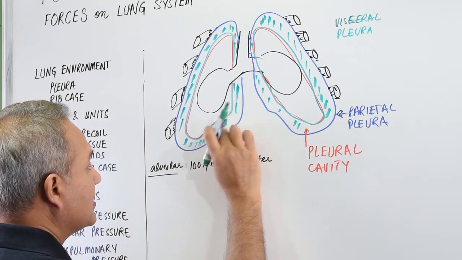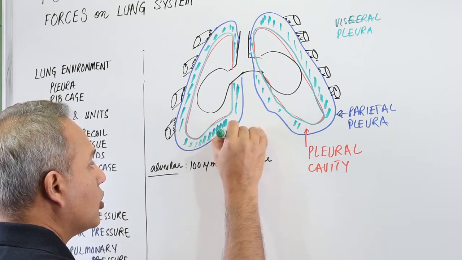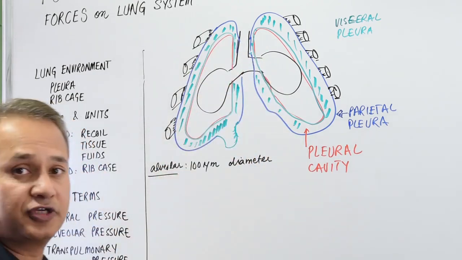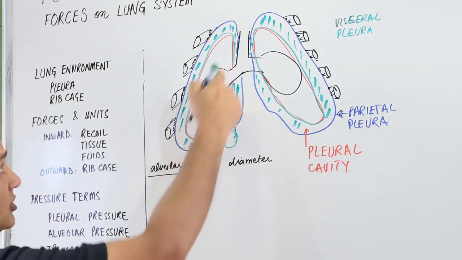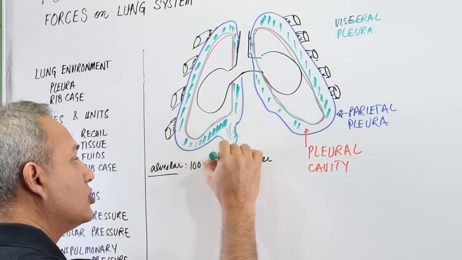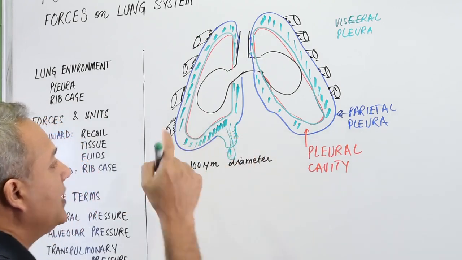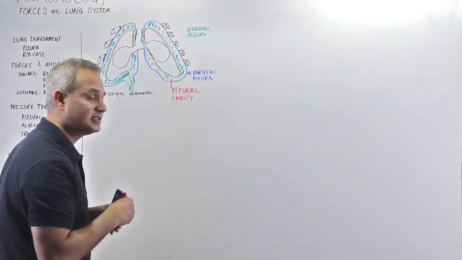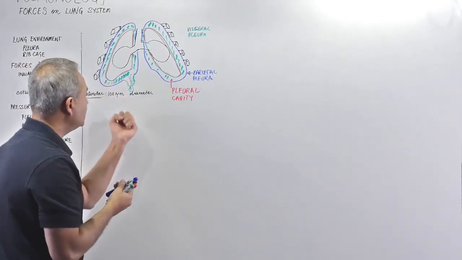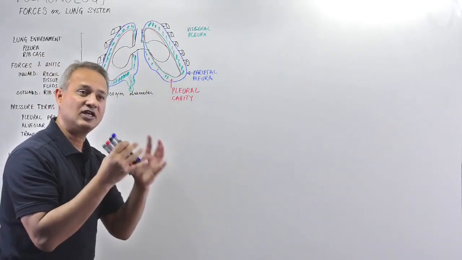Let me make a lymphatic channel here, which represents all of the lymphatic drainage of the pleural cavity. So the fluid that is produced here is drained through lymphatics. Now, why is this important? Physiologically, the drainage of the fluid from this pleural cavity will create a suction effect.